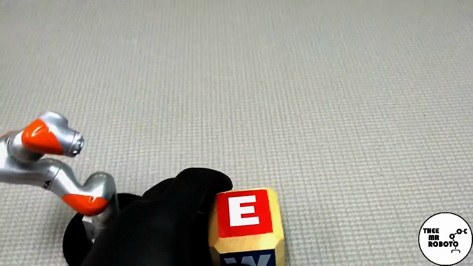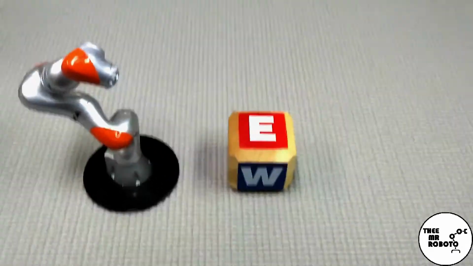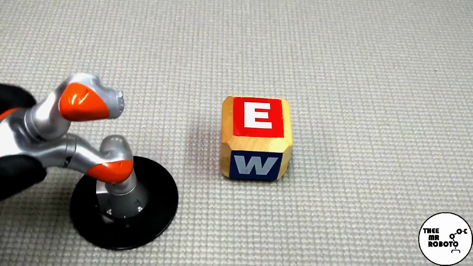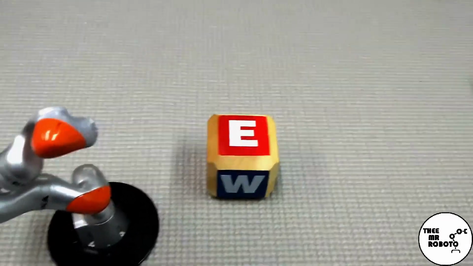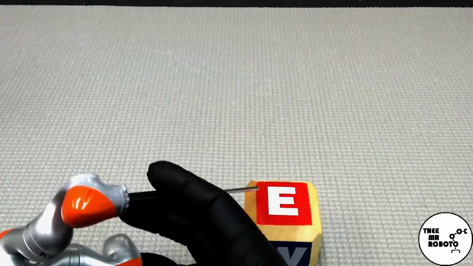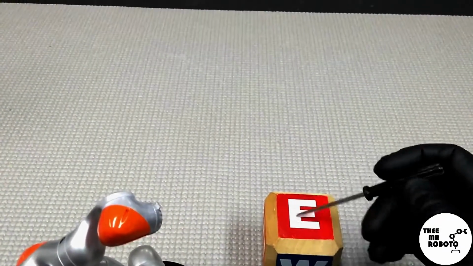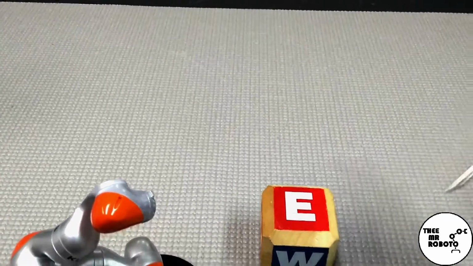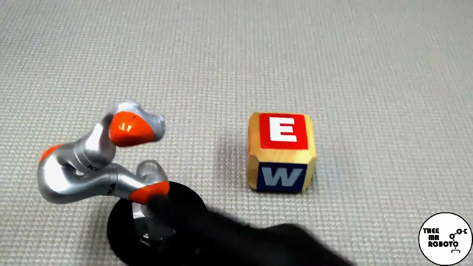So for this example, let's assume that this robot's process is to draw letters on this block, and that this screwdriver on the end of the robot is what it's using to etch these letters into this block. So we have our native coordinate systems, base and flange.